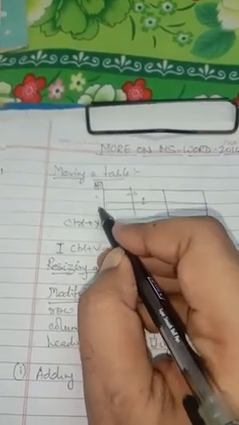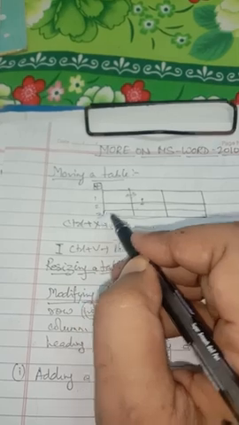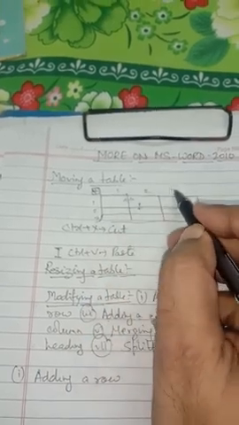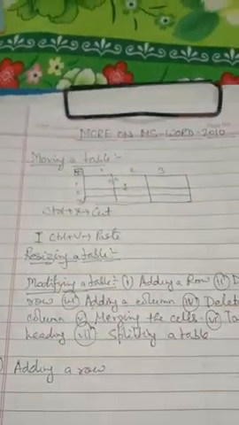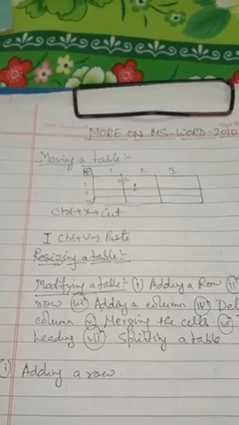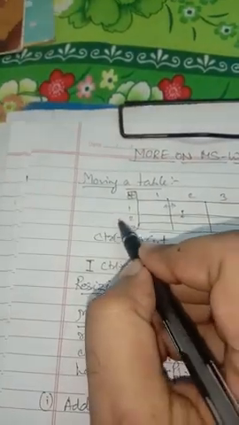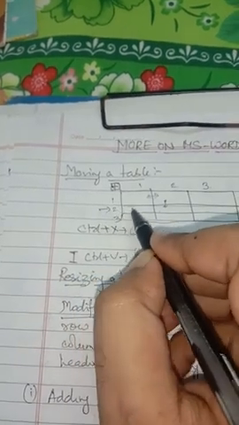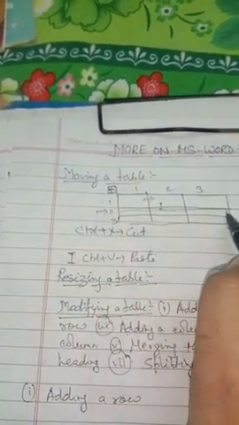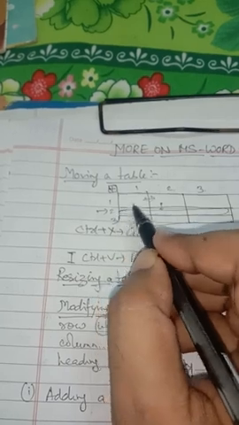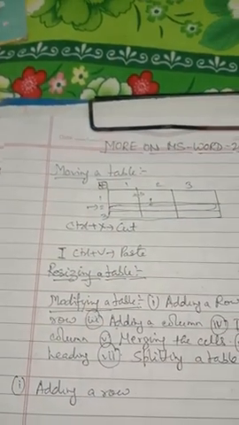This is row number 1, row number 2, row number 3, column 1, column 2, column 3. Now click on the row where you want to add an additional row. Suppose I have clicked over here. As soon as I click here, the entire row will be selected.